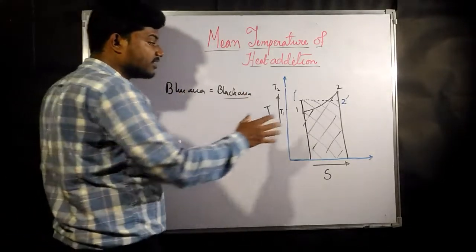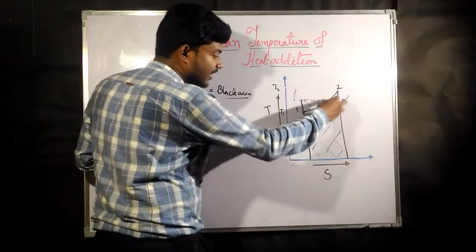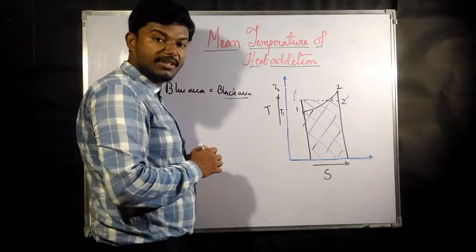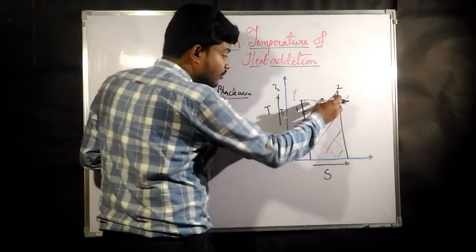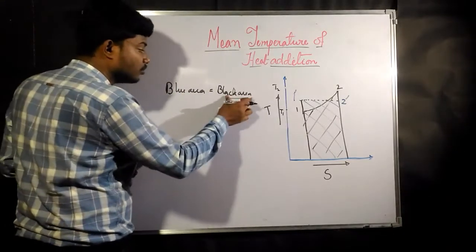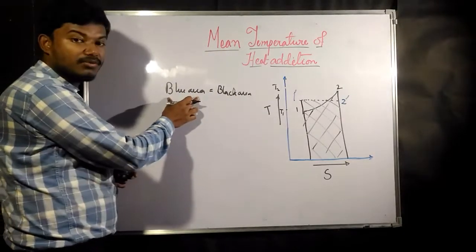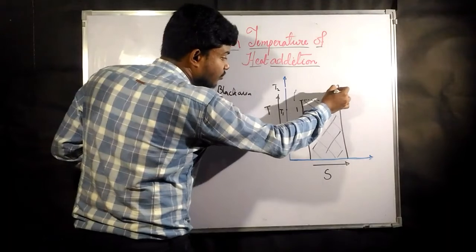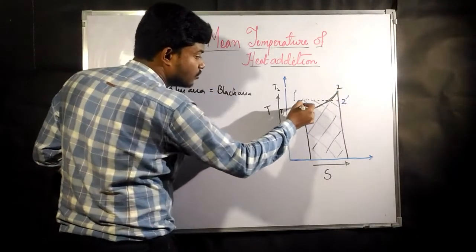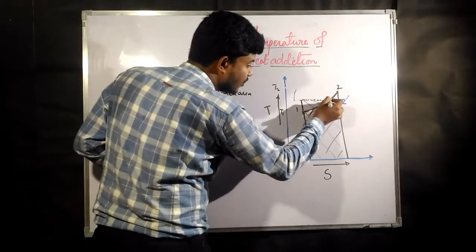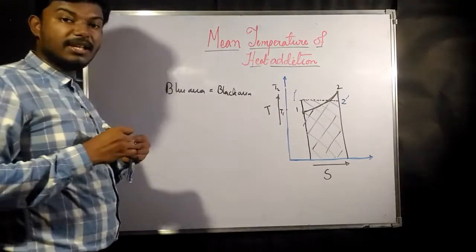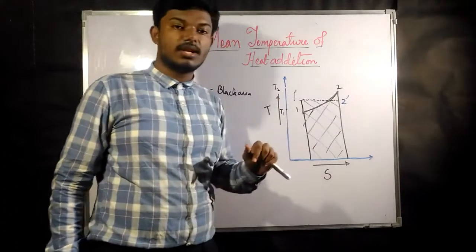That means the area of the blue part and the area of the black part are the same. For them to be the same means that whatever heat input is there in the process 1 to 2, the same amount of heat would be given in process 1 dash to 2 dash.